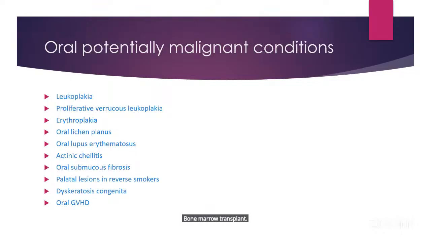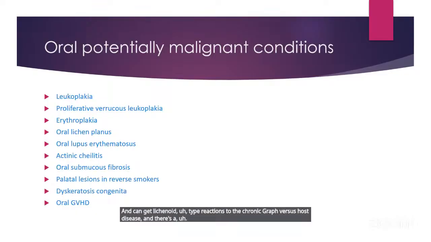Those patients have a reduced immune system and can get lichenoid type reactions to the chronic graft versus host disease, and those have a higher potential than even lichen planus of becoming malignant over time.